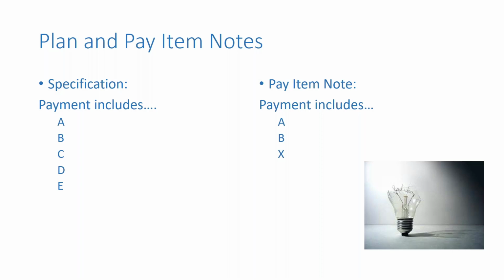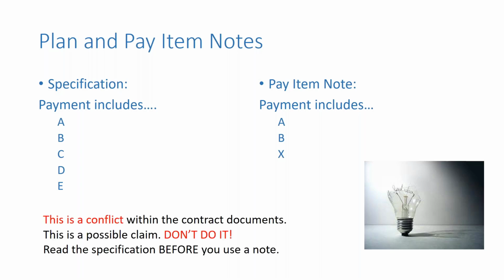X wasn't part of what was included in the standard specification, but the pay item note has now excluded C, D, and E. If there's any field issues out there, we have a pay item note in conflict with our specification, and this is never a good situation to be in. Whenever we have a conflict within the contract documents, we have a potential claim. So just don't do it. Read the specification before you use a pay item note.